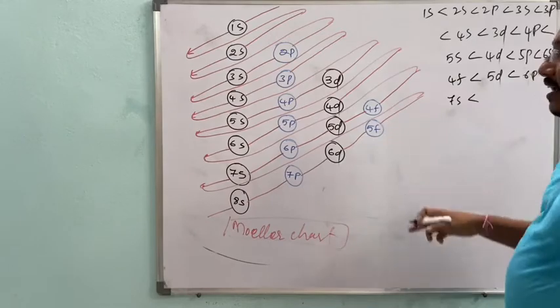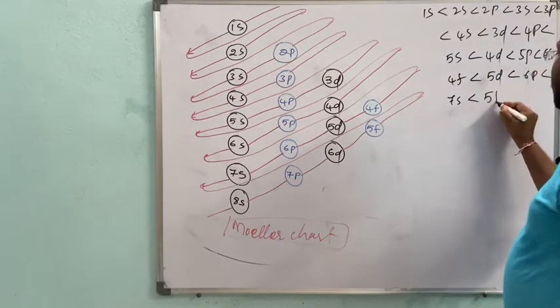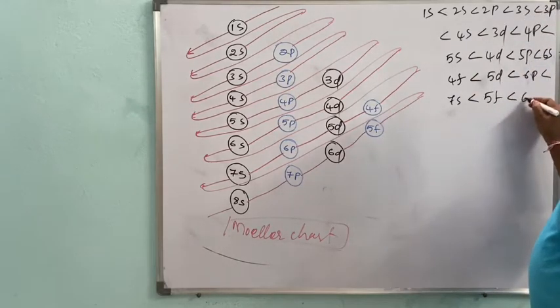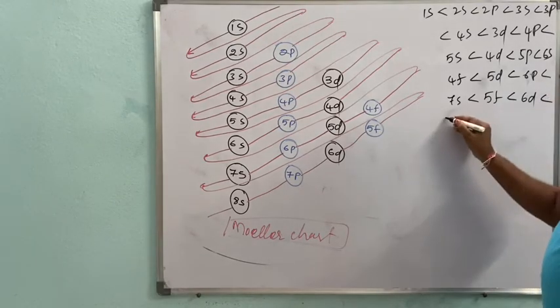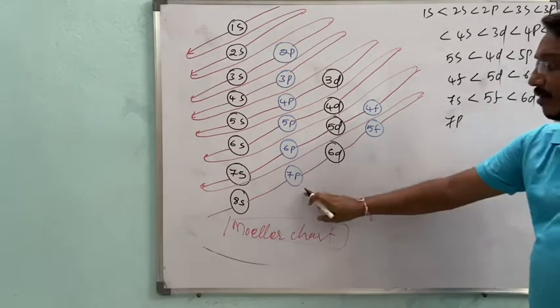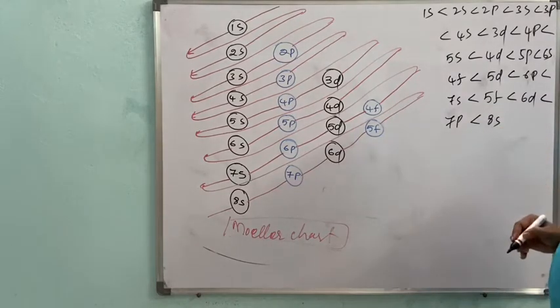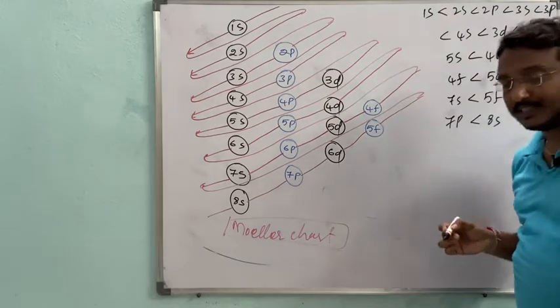Then 5f is greater than 7s. Comparing 5f and 6d, 6d is greater, and 6d and 7p, 7p is greater. Comparing 7p and 8s, 8s is greater. Then it shows the energy sequence.